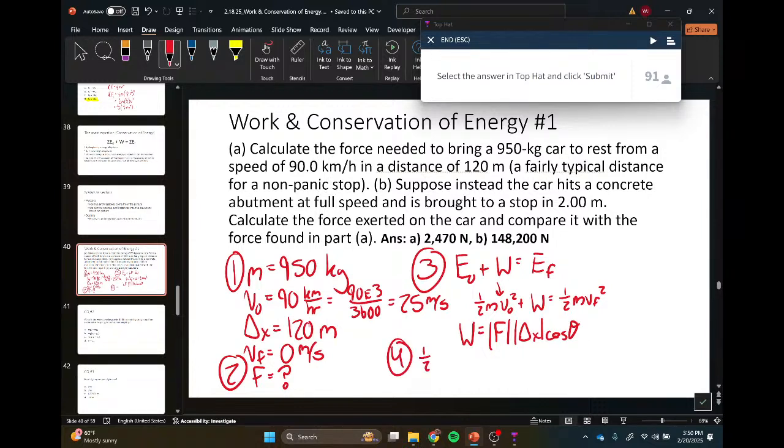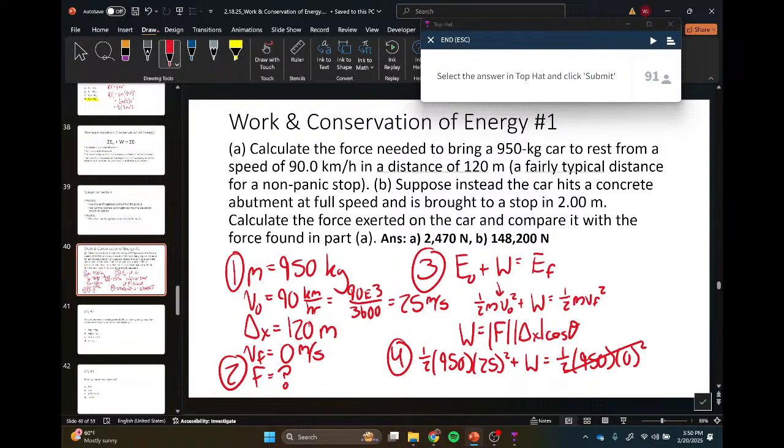So we just put in the numbers. 1/2 times 950 times 25 squared plus work equals 0 squared, which disappears. I'm just going to solve for work for now, and then I'll plug it into the other equation. If I were doing this on my own, I'd put the work equation in there, but I'm doing it in two pieces because sometimes people prefer that.